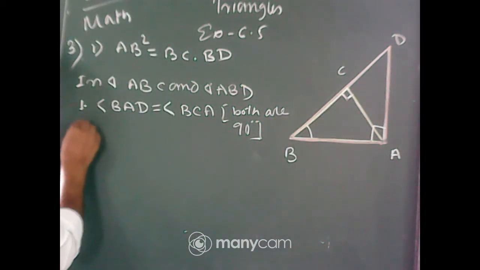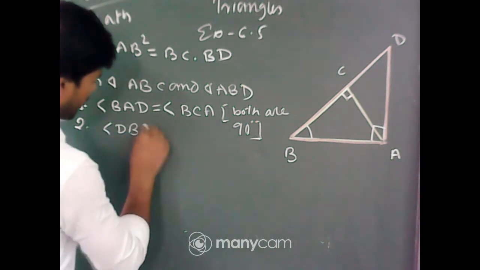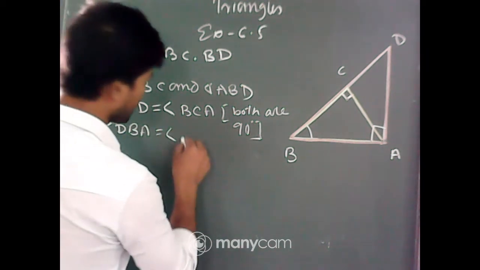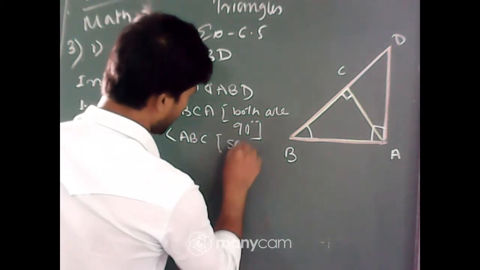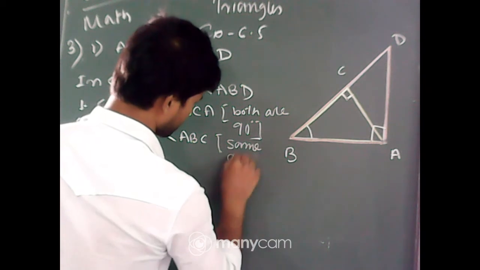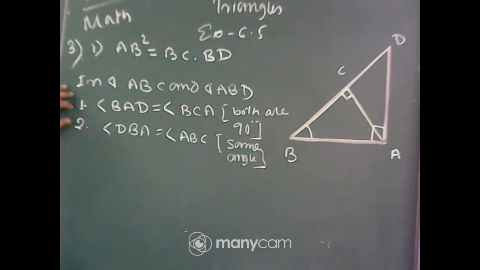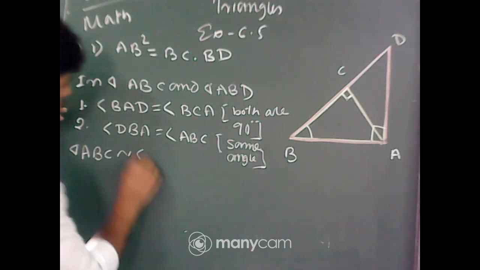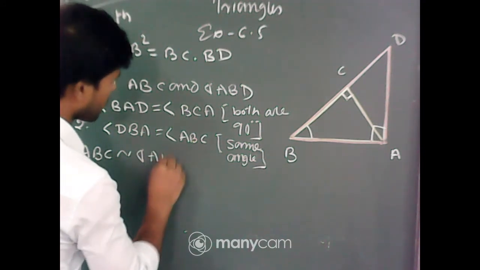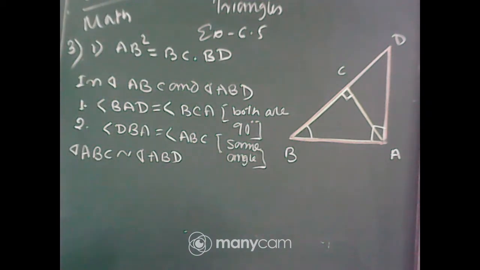So the second condition will be angle DBA is equal to angle ABC, because it is the same angle. From these two conditions we can say that the triangle ABC is similar to the triangle ABD.